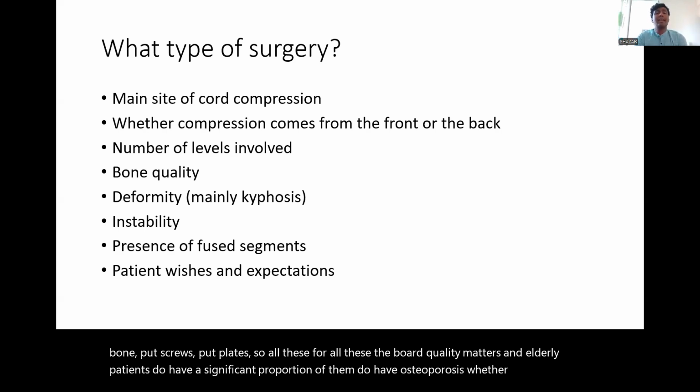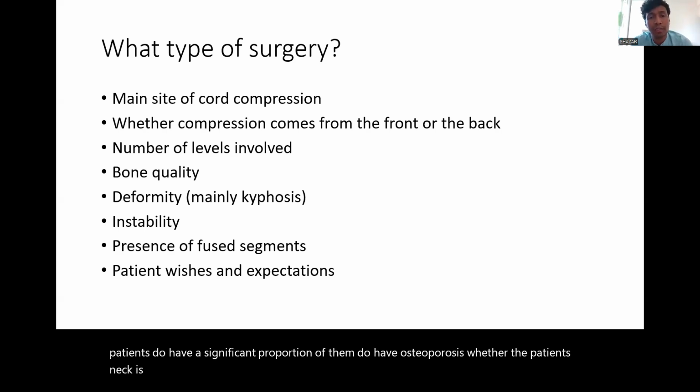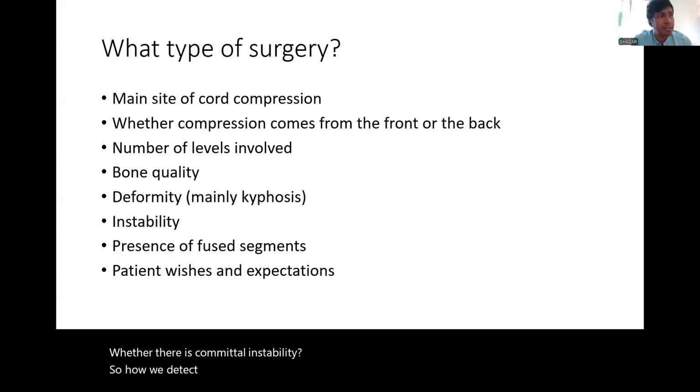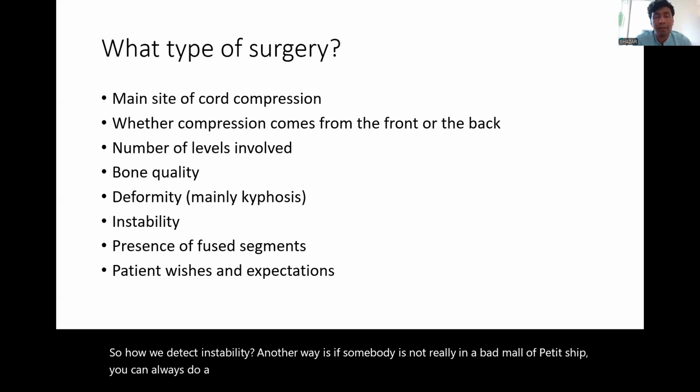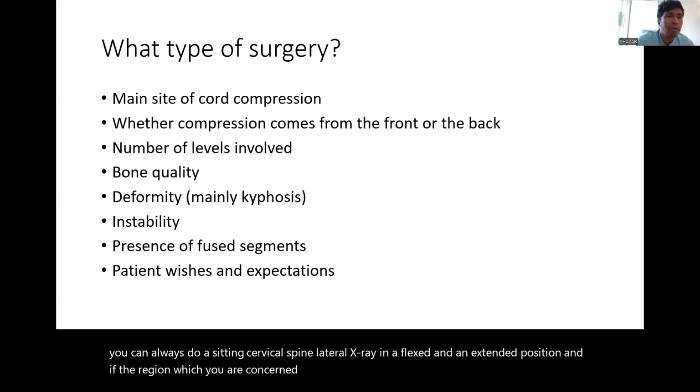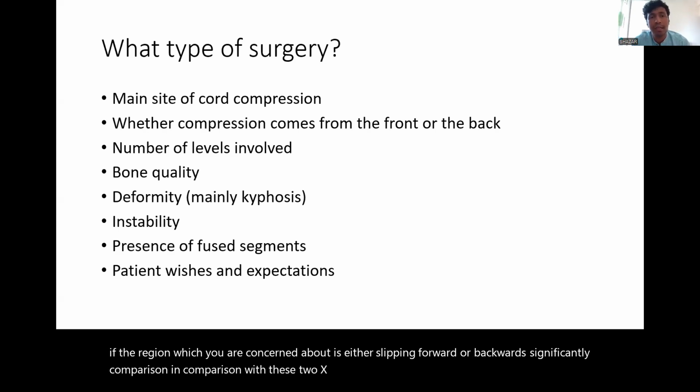Whether the patient's neck is kyphosed or is maintaining its lordosis is very important. Whether there is concomitant instability. One way we detect instability, if somebody is not in a bad myelopathic shape, is to do a sitting lateral cervical spine X-ray in a flexed and an extended position. If the region you are concerned about is slipping forward or backward significantly between these two X-rays, that suggests a degree of instability.